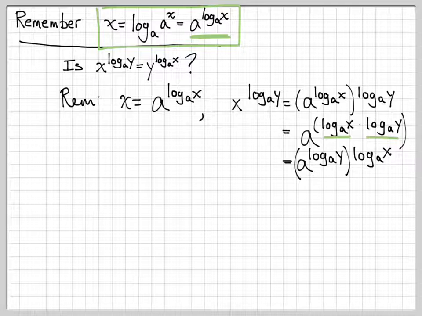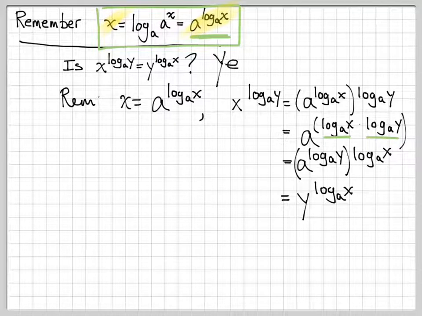Now, if we go back up top, a to the log a of anything is just the thing. So a to the log a of y is just y. And so we got the right-hand side of the equation, so the answer is yes.